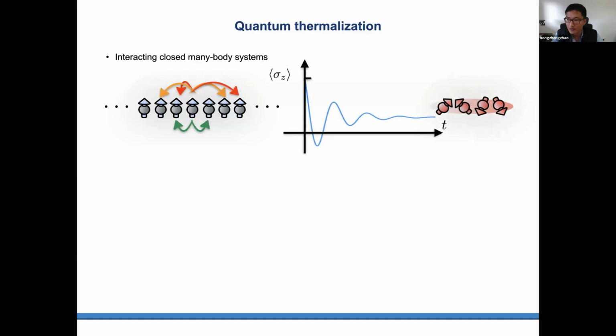We also start from a non-equilibrium state, an initially polarized state for instance, and we let the system evolve. At long times, you also see a relaxation of the magnetization, and you don't really see the oscillation that you saw at early times.